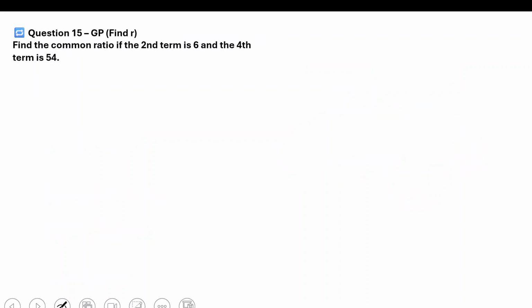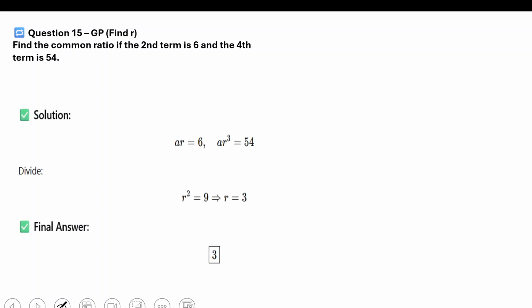Find the common ratio if the second term is 6 and the fourth term is 54. Okay, so these are two different instances again, second term and fourth term. We have had something like this before. So what you do again: the second term T2 is a r to the power n minus 1, which is a r.